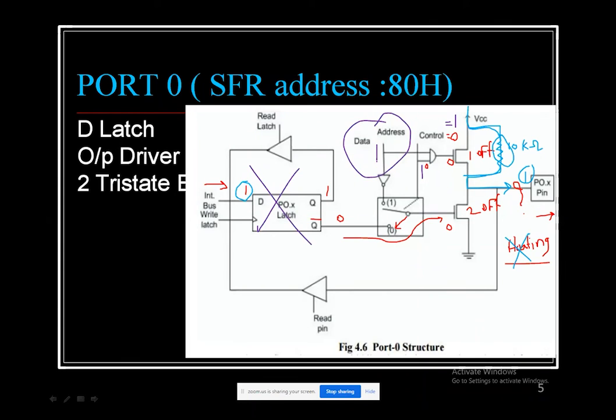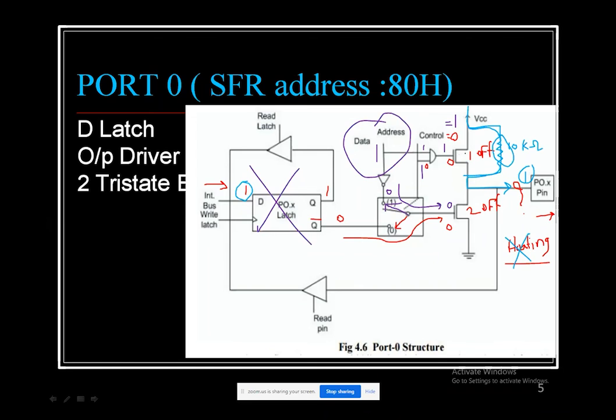So if it is 1, the other input of the AND gate is 1. So 1, 1, 1. The same line, if it goes over here, due to this inverter becomes 0. So this data 0 will reach over here.